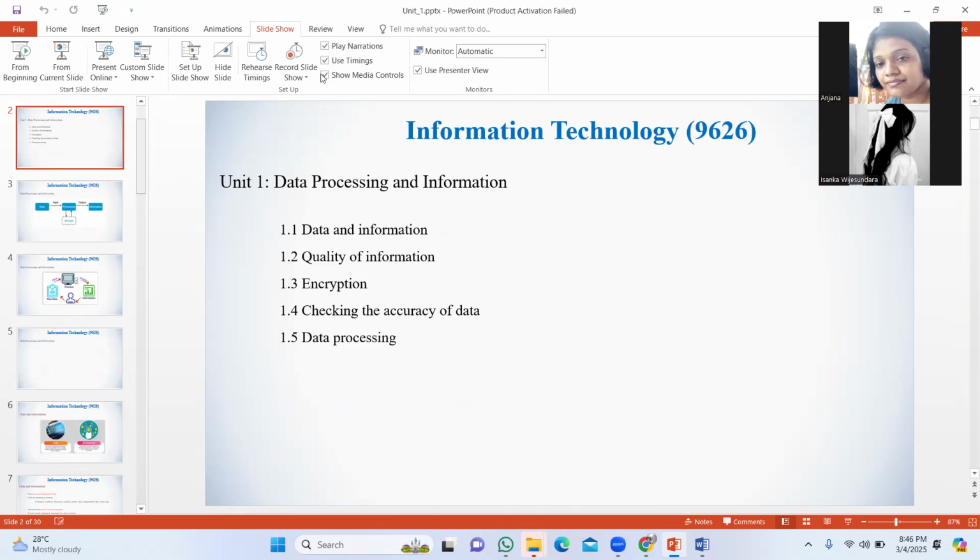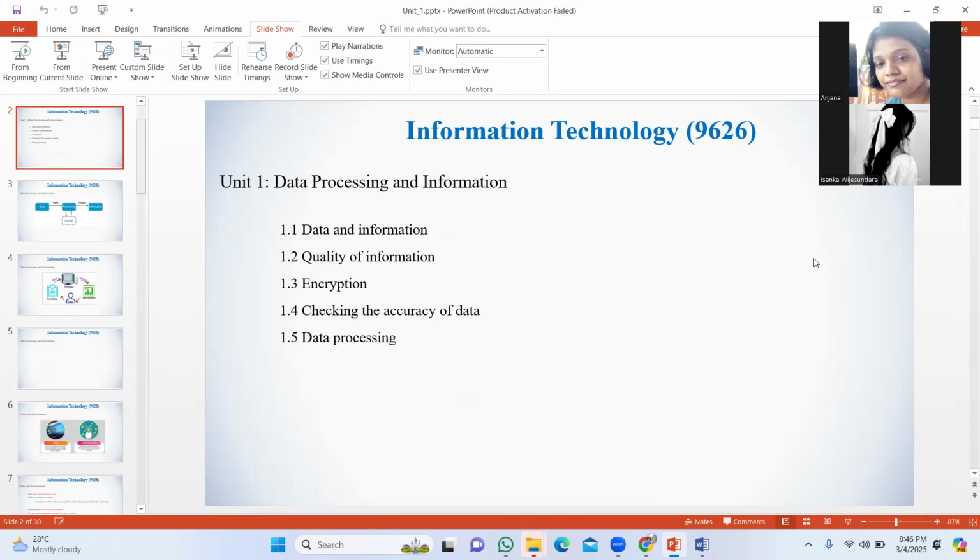The system life cycle means you have to develop the system. First, you need to know how to collect the data. Can you hear me? Are you okay? Yes, teacher. How to collect the data. Then we have to design. Design means we have to create the database, and there are some diagrams, like the data flow diagram, and how we can apply them to the database. Then you have to develop the system.